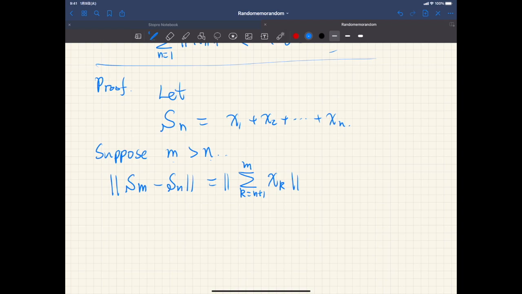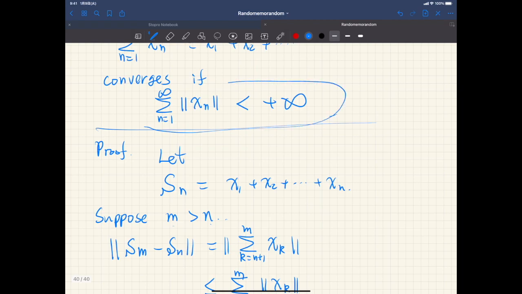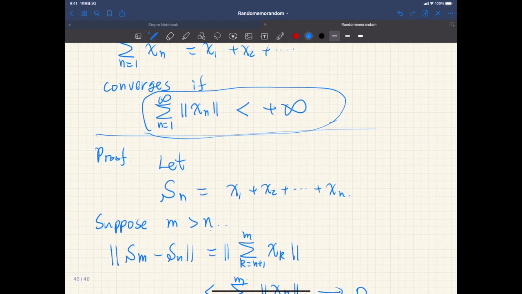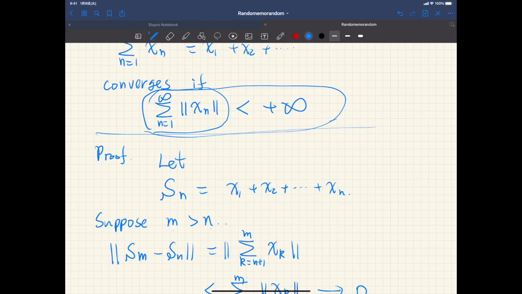Using the triangle inequality, this is less than or equal to the sum of the norms of each term. By assumption, when n and m go to infinity, this should converge to 0 because this infinite series is finite.